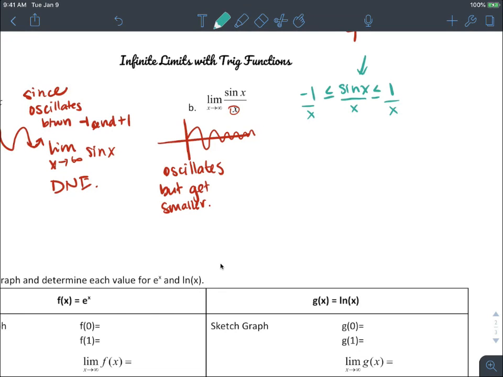What I know is that if I take the limit as x approaches infinity of -1 over x, and the limit as x approaches infinity of sine x over x, that has to be less than or equal to the limit as x approaches infinity of 1 over x.